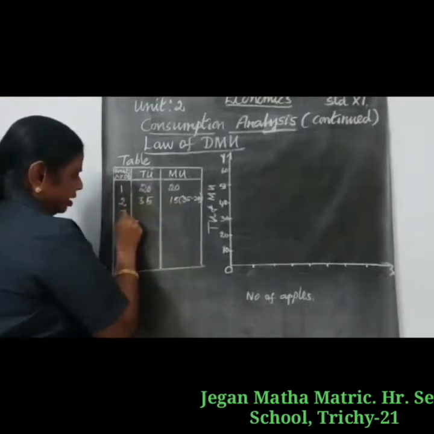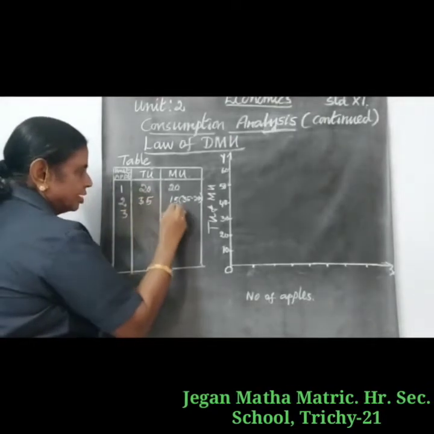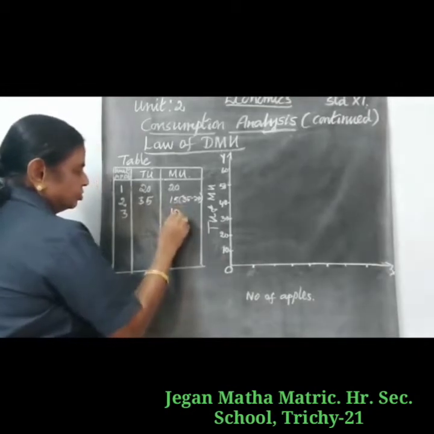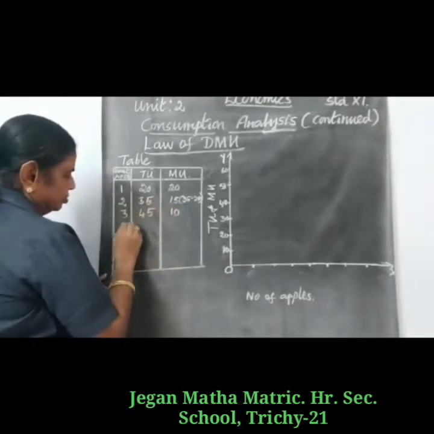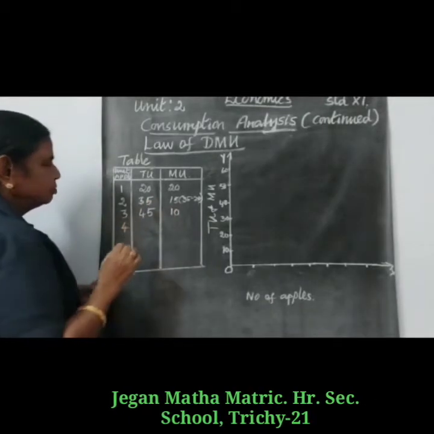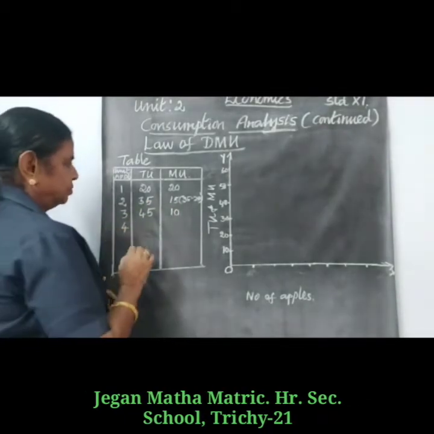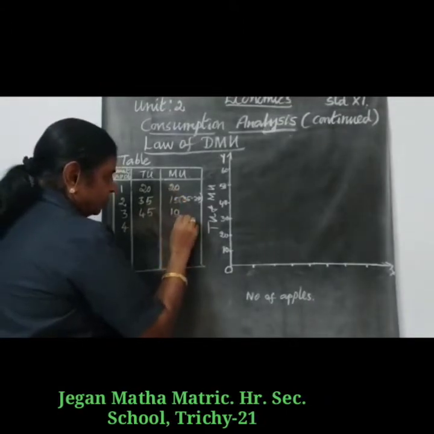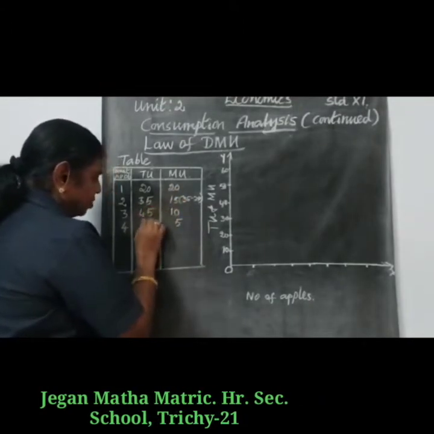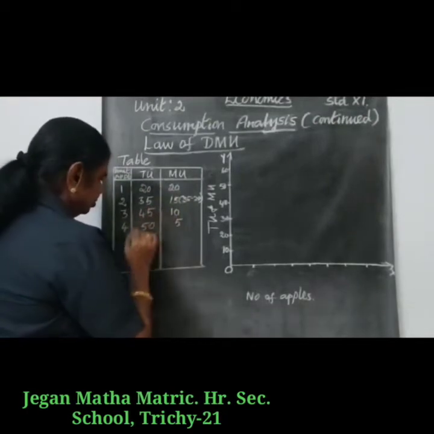And for the third apple, once again a reduction of 5, so marginal utility is 10, and 10 plus 35, 45 becomes the total utility. When the consumer consumes the fourth apple, then marginal utility goes to 5. So 45 plus 5, 50 will be the total utility.